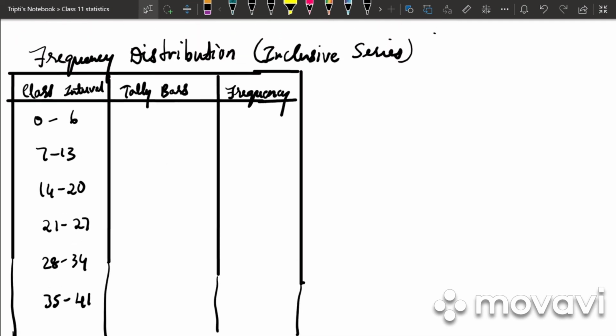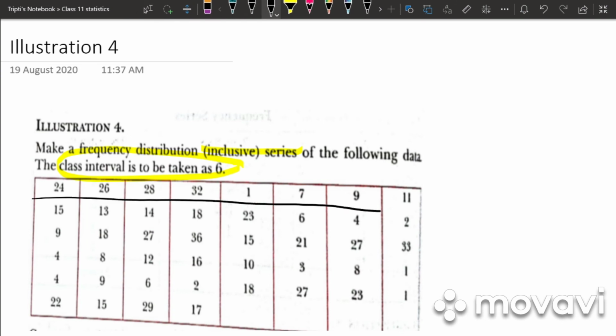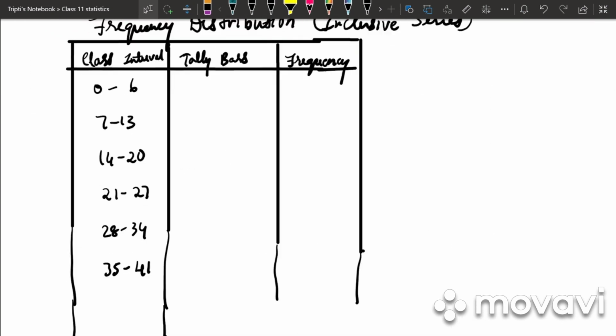So let's start the tally bars. Again, we go from left to right. The first number is 24.